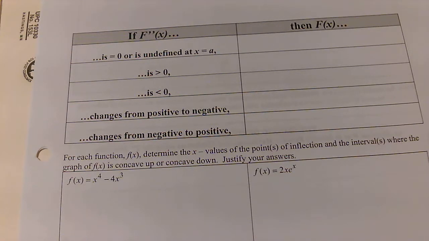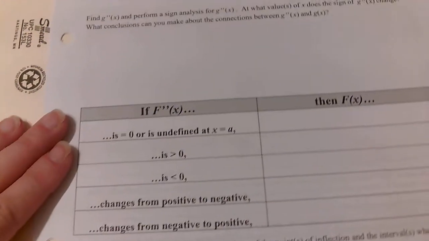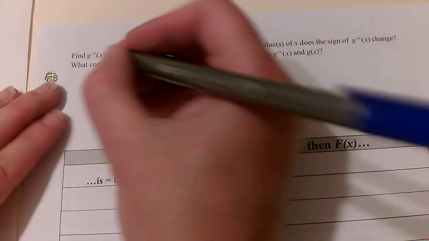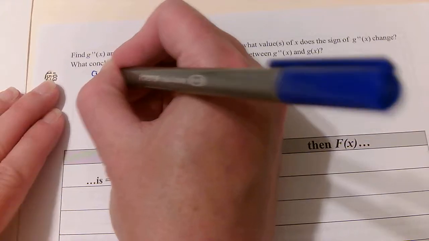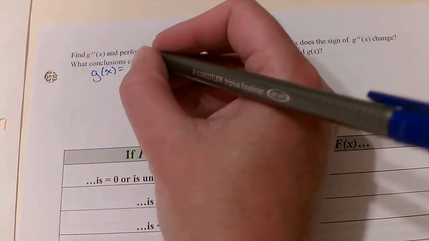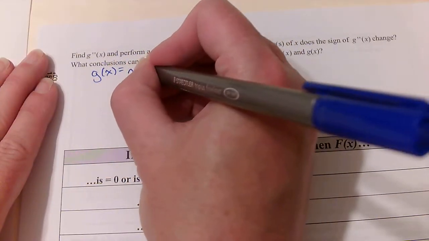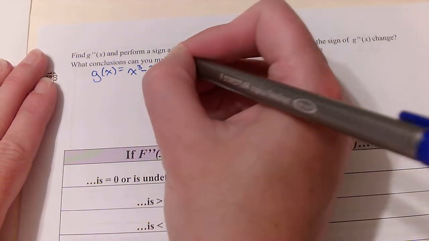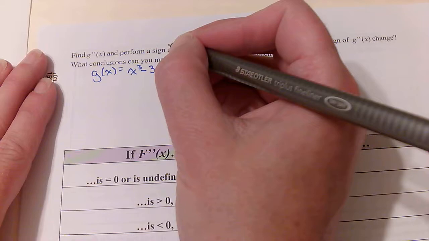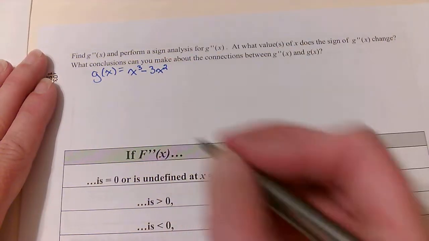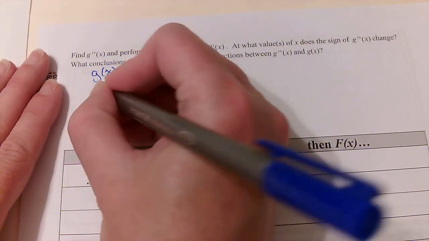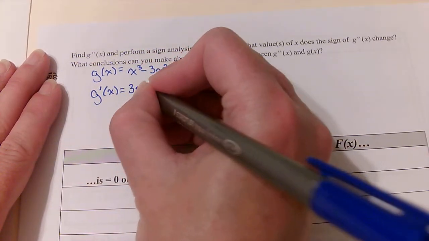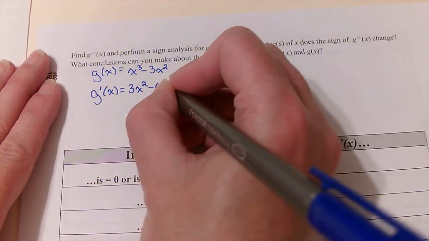So g of x was, let me write it down, x cubed minus 3x squared, and the first derivative would be 3x squared minus 6x.